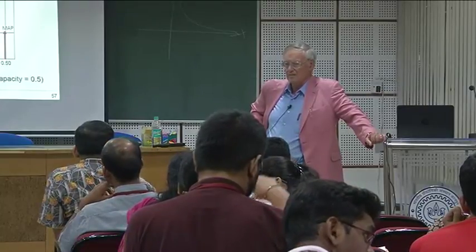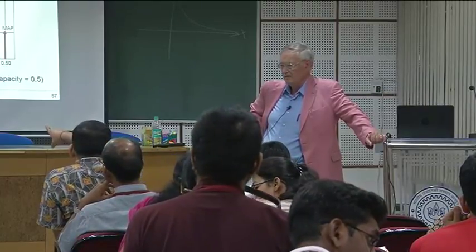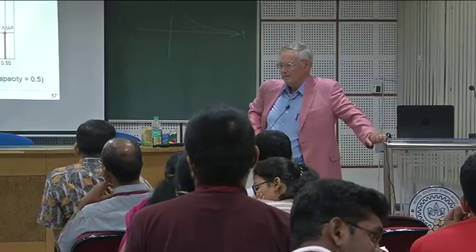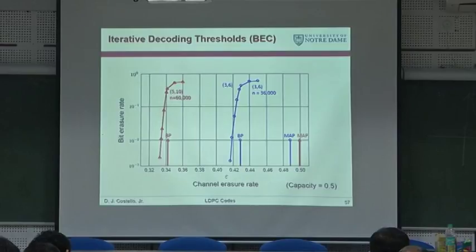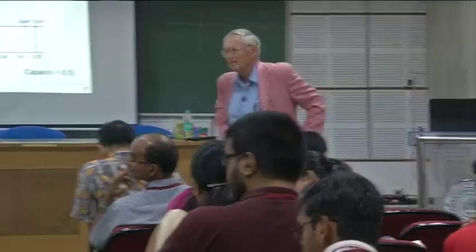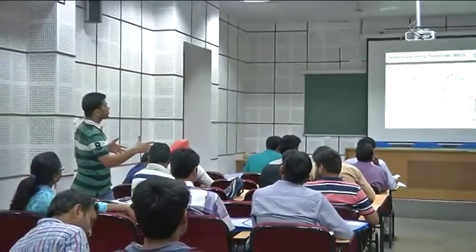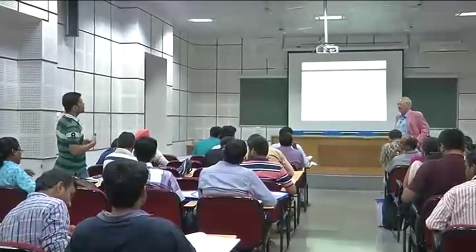And he is able to compute those thresholds. It makes sense that the MAP threshold of the 510 would be better than the 3.6 because it's a stronger code.